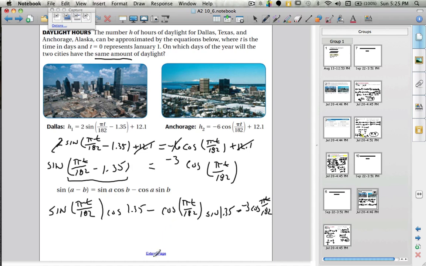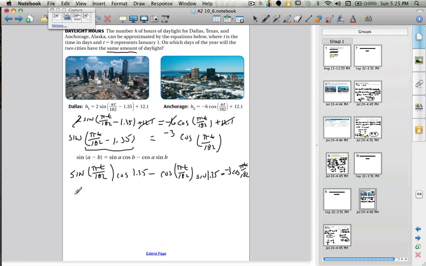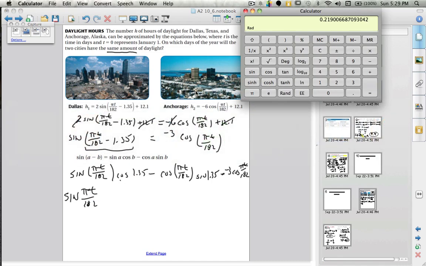Okay. So let's go through and see how we can simplify this. Okay, so the first thing I'm going to want to do is simplify some of these values. Okay, that's going to be helpful. So I know I can find the cosine. I'm going to leave the sine alone, so it's pi t over 182. But I can find the cosine of 1.35. I have to make sure I'm in radians.